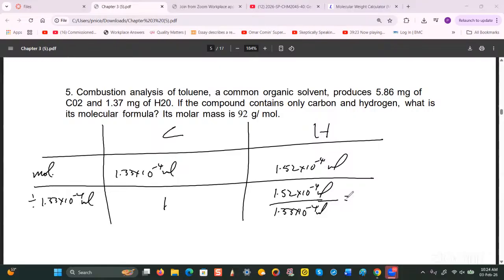So when we do the calculation of 1.52 times 10 to the minus 4 divided by 1.33 times 10 to the minus 4, the answer I got is 1.14. Right? So again, this is one of those situations where you have to try different numbers to convert that into an integer.